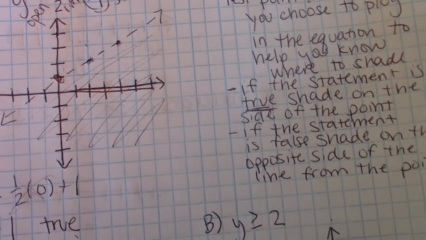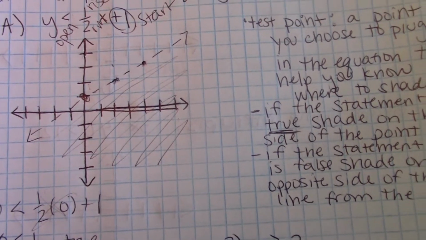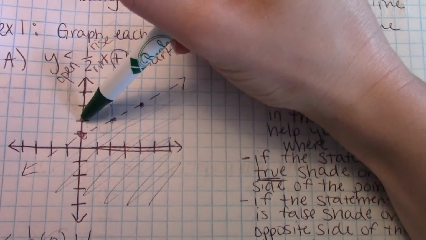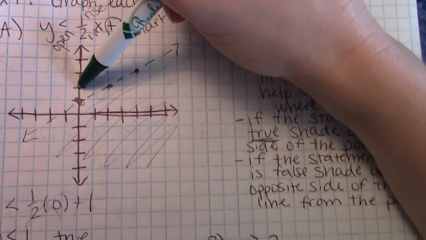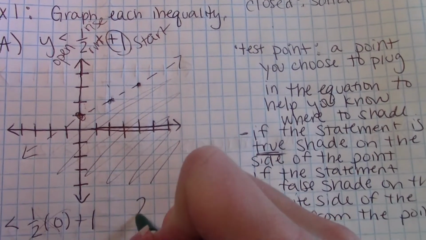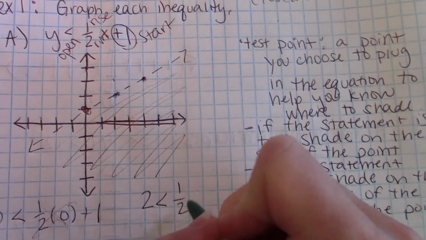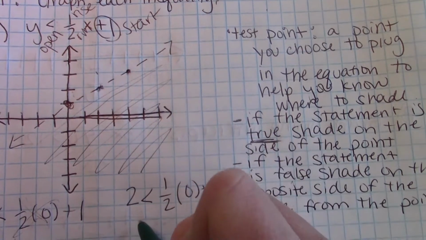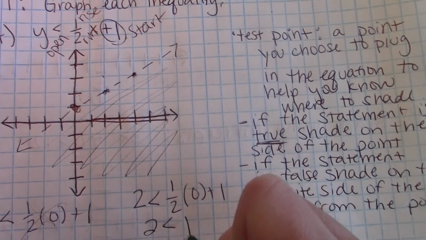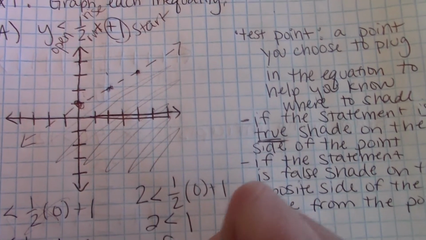However, say I had chosen a point on the other side. Say I had chosen the point 0, 2. So I would have plugged in 2 is less than 1/2 times 0 plus 1. It says 2 is less than 1. That is false.